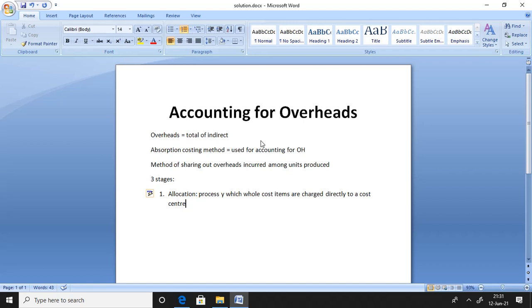Costs that are clearly identifiable with a particular cost center are simply charged directly to that particular cost center, and this process is called allocation of costs.